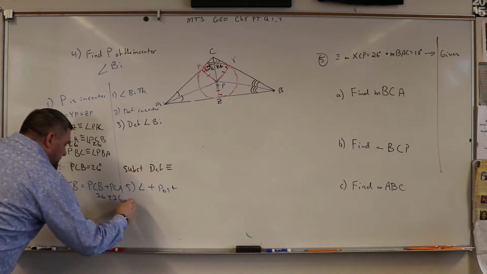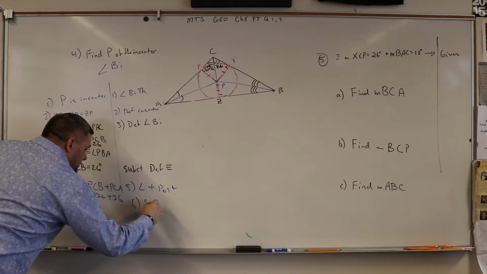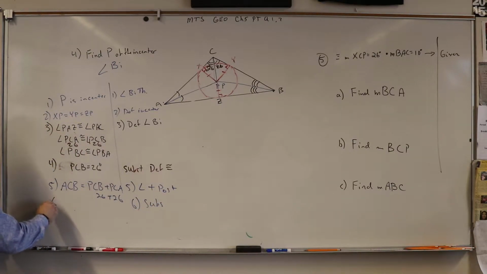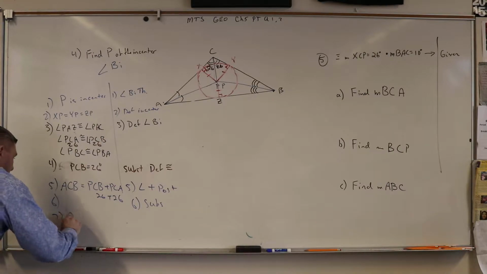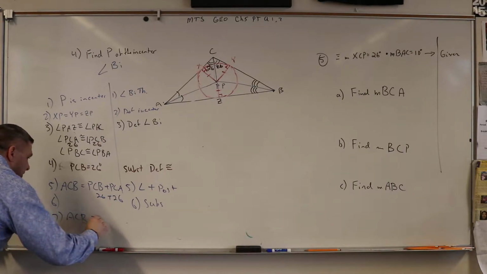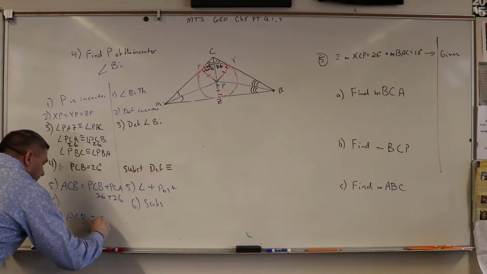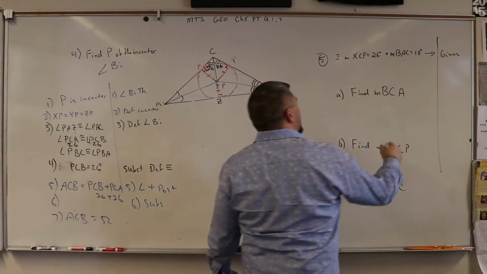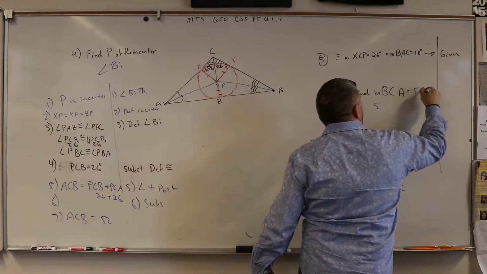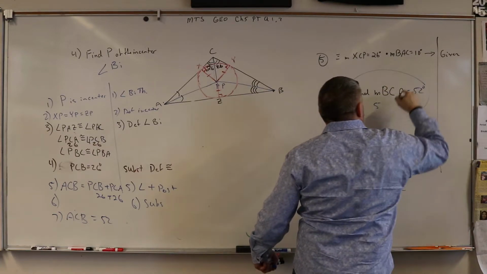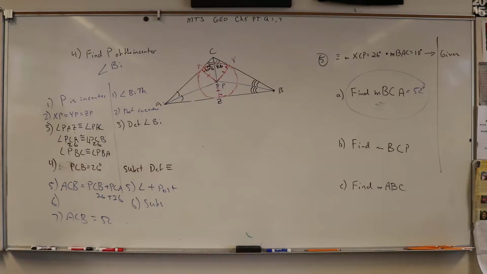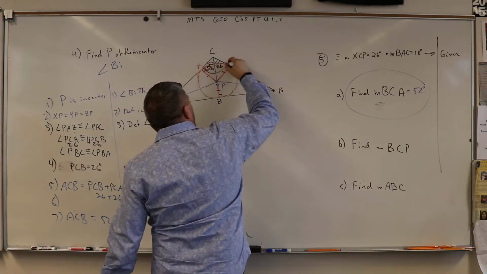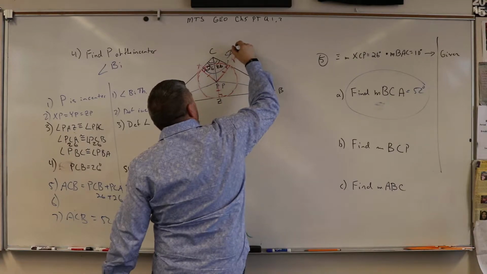And then substitution. And then simplification. So ACB is equal to 52. That was easy, right? So these add up to be 52 degrees.